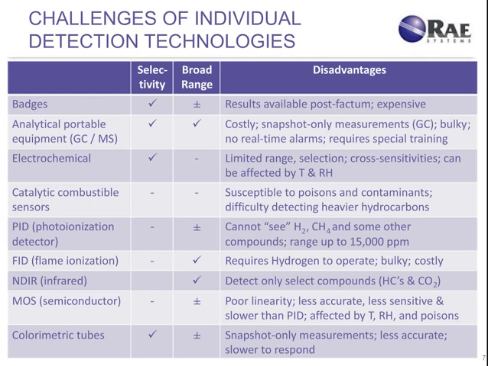They also provide a snapshot-only measurement. They cannot monitor a compound over time. It's like a photo versus a video. They're less accurate. They're more subjective when their readings are being interpreted. They're also slow to respond.